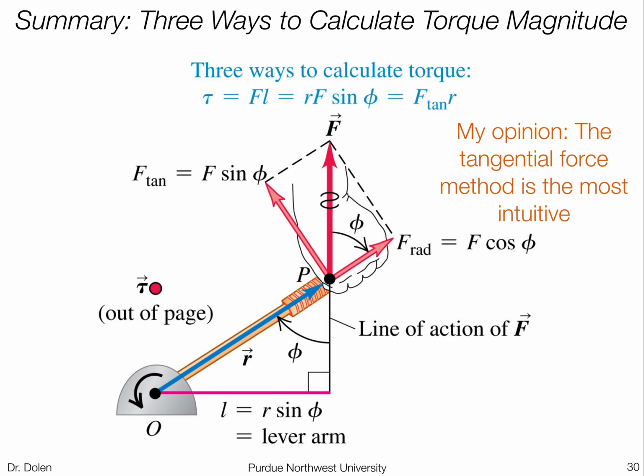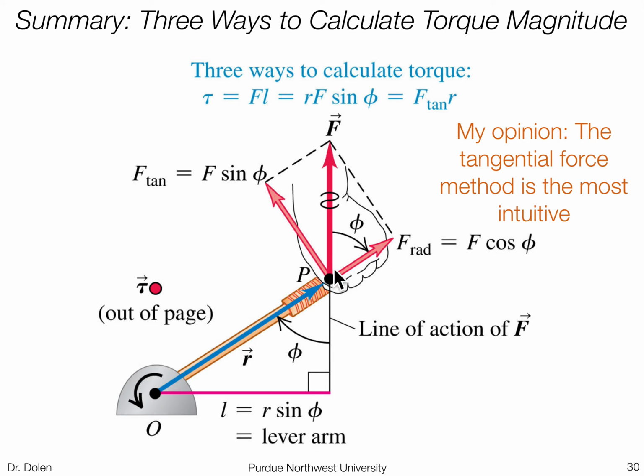Okay, so just in summary, we now have three different equations to calculate torque. Force times the lever arm, or R F sine phi, that is our cross product definition, or the tangential component of the force times R. Right? So in this example from the book, all three are shown.